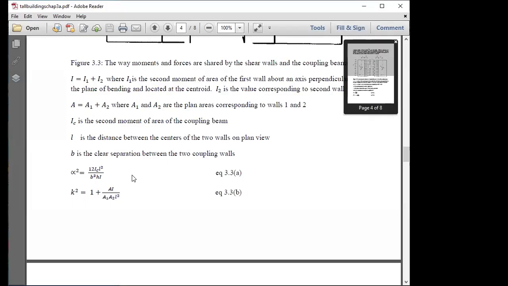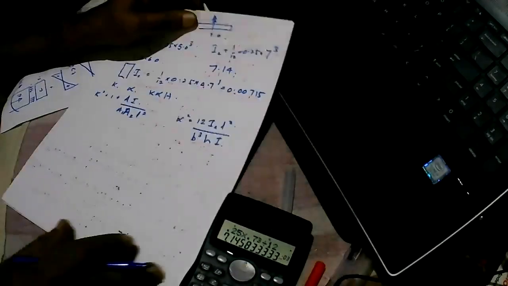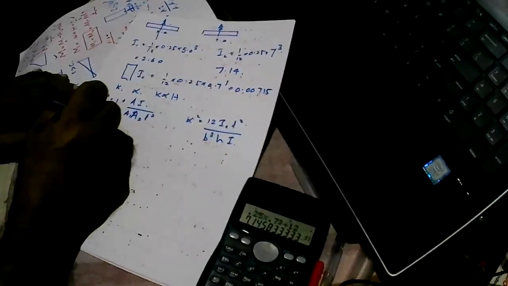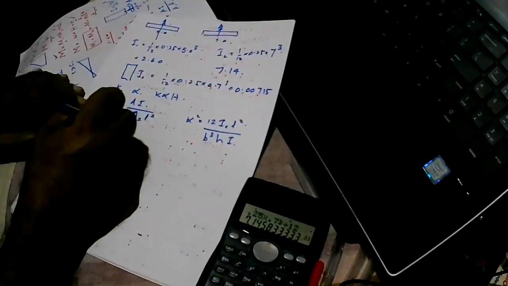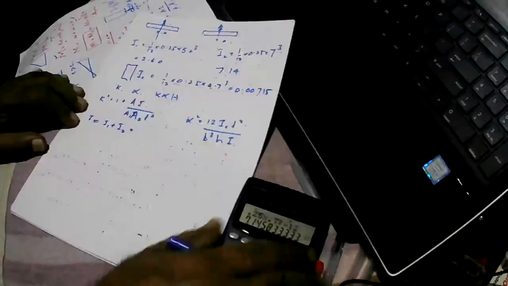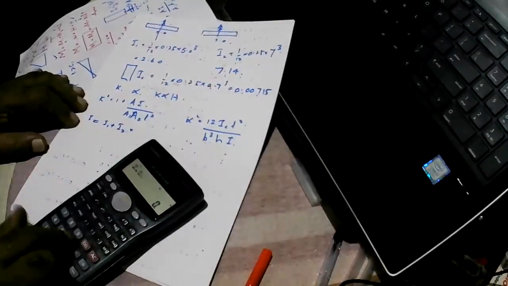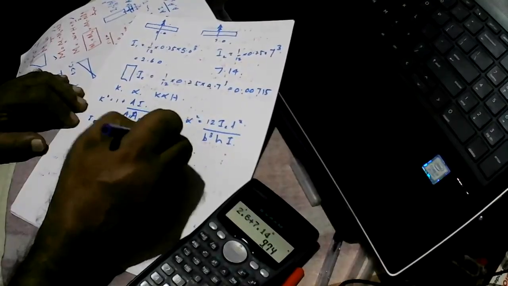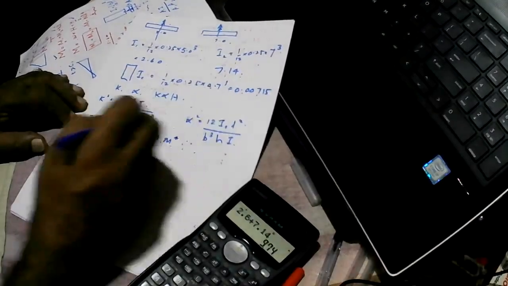So there are two equations, and we are going to find K alpha H. I is equal to I1 plus I2, which is 2.6 plus 7.14, 9.74 meters to the power 4.